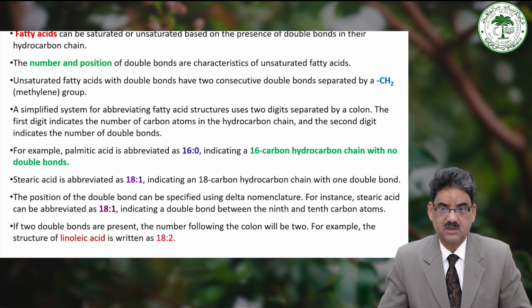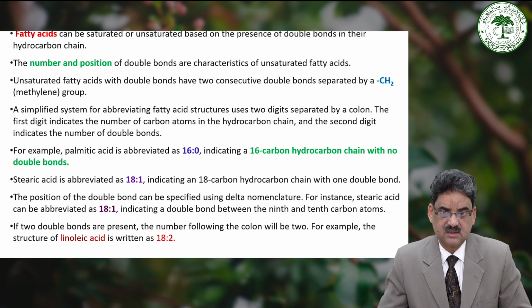utilizes a two-digit code separated by a colon. The initial digit signifies the number of carbon atoms in the hydrocarbon chain, while the subsequent digit denotes the count of double bonds.